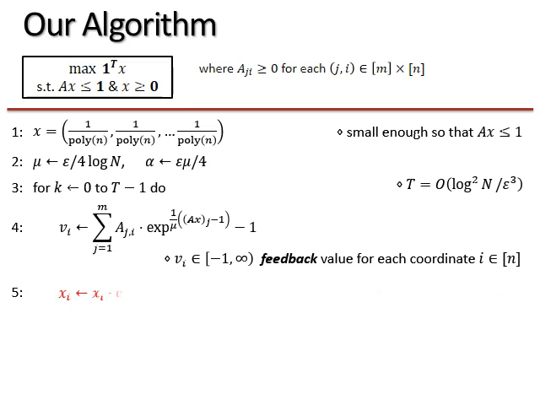Okay, so now comes the 5th line. For each coordinate i, we change xi multiplicatively by a factor that is e to the minus alpha times the so-called truncation of Vi, that is the min between Vi and 1.